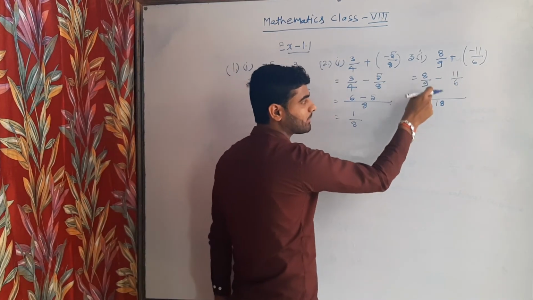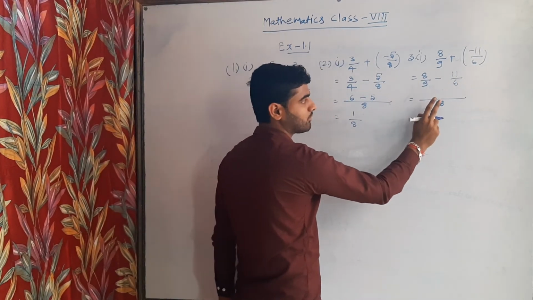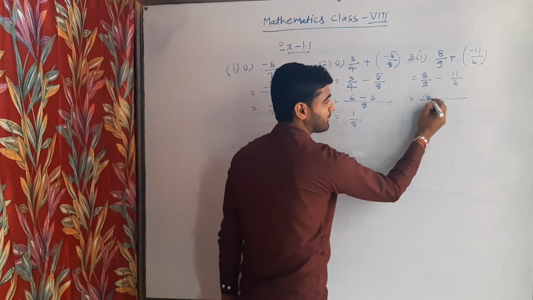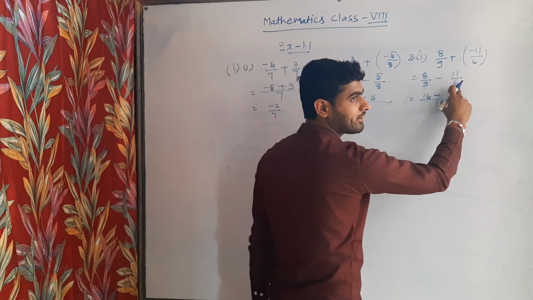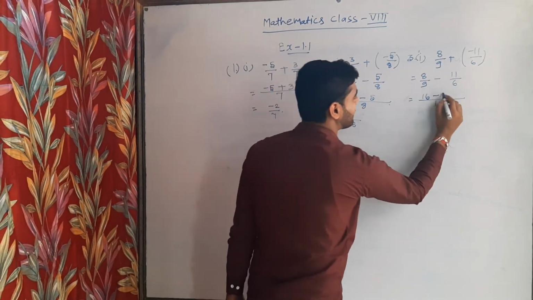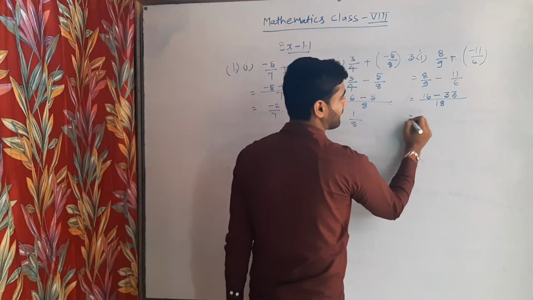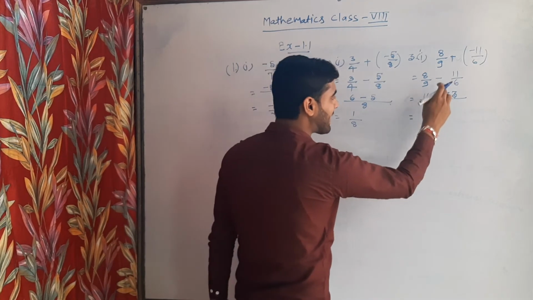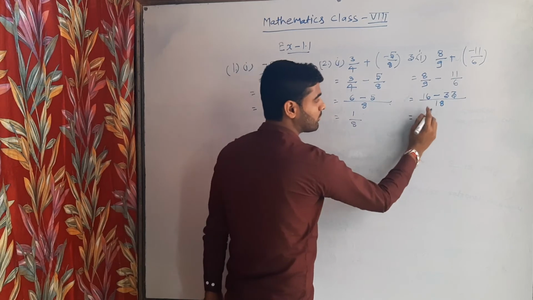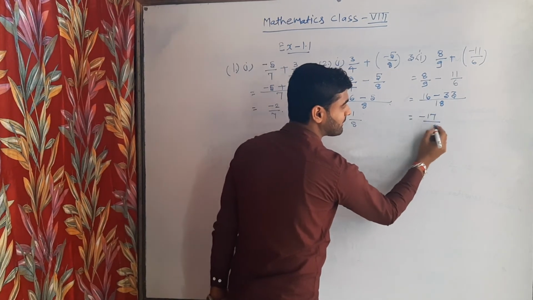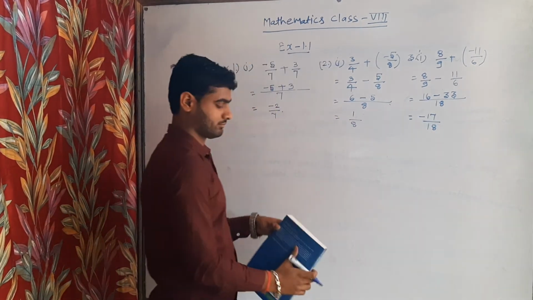Now we divide 18 by 9. The result is 2. And 8 2s are 16. Minus, when we divide 18 by 6, the result is 3. And 11 3s are 33. Now we subtract 33 from 16. So the result is minus 17 by 18.